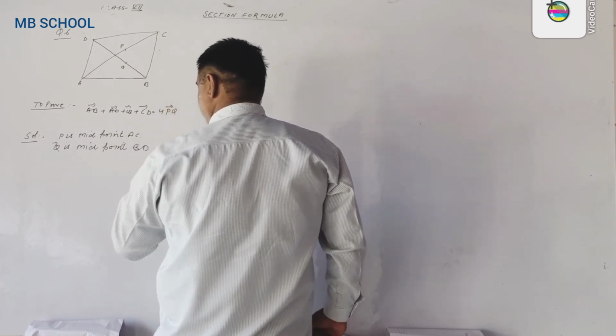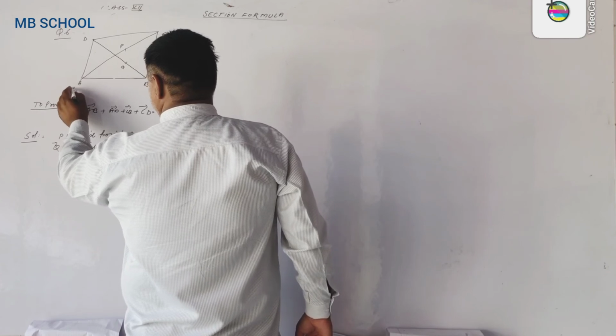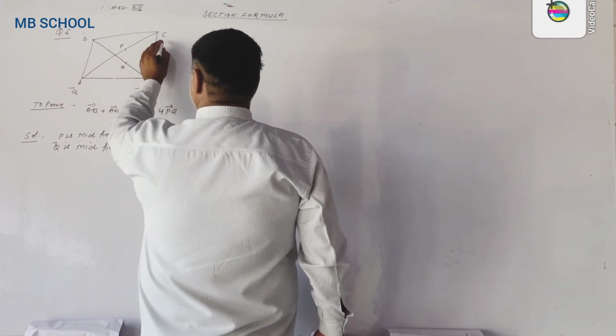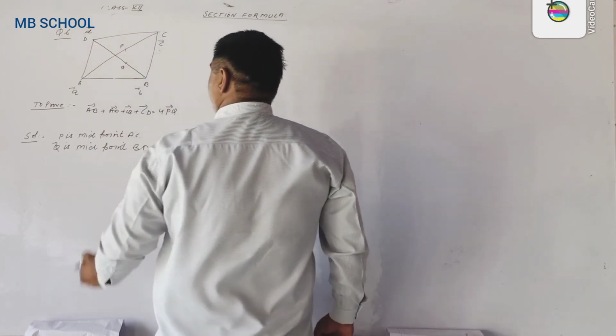It is also given. Now this is vector A, this is vector B, this is vector C, this is vector D. We are given these vectors.